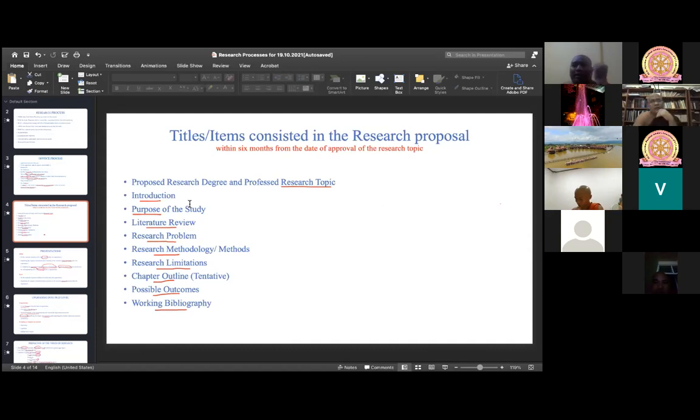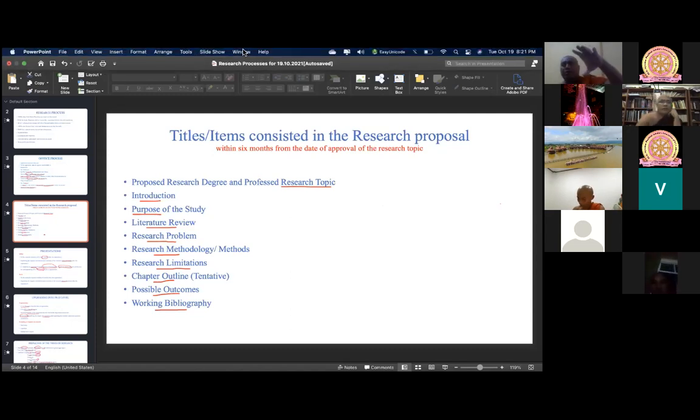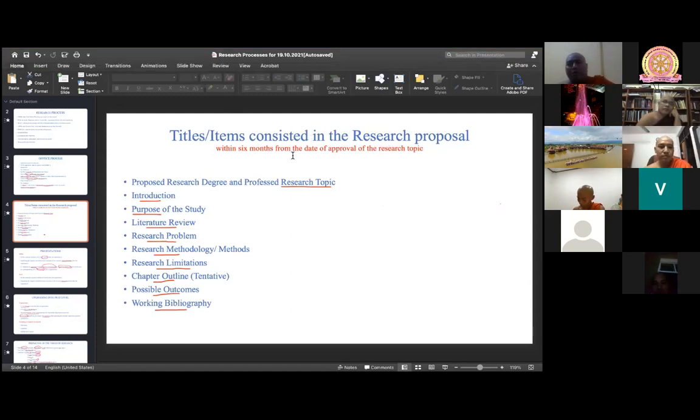Otherwise, you can skip that chapter. It depends on the student and supervisor. If you are able to imagine what might be the outcome of your research at the time, you can add it. Otherwise, you can skip it.